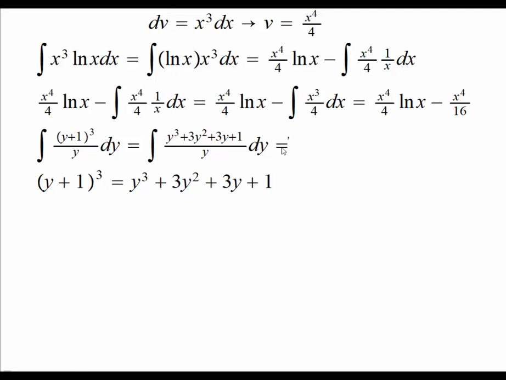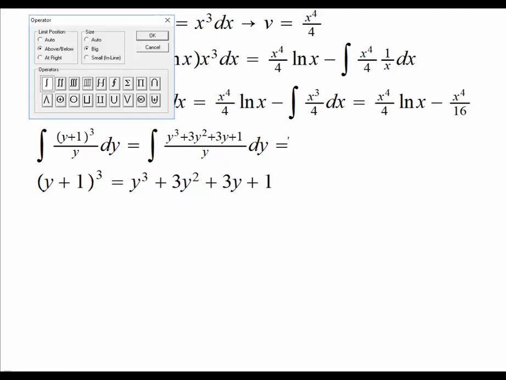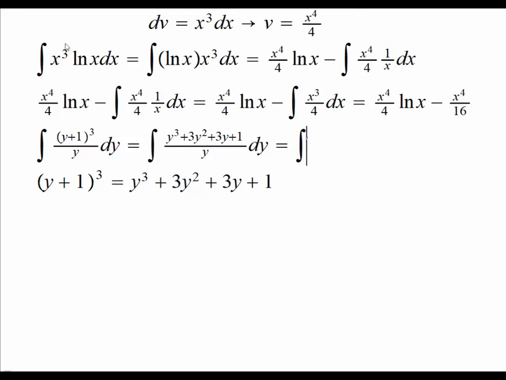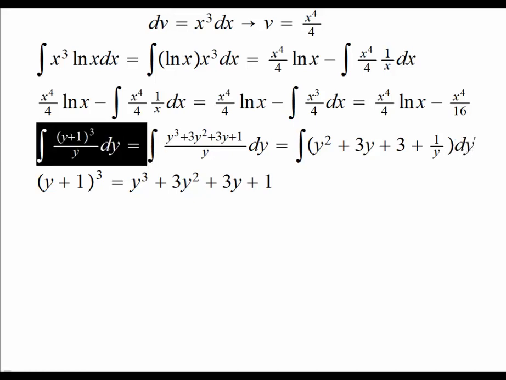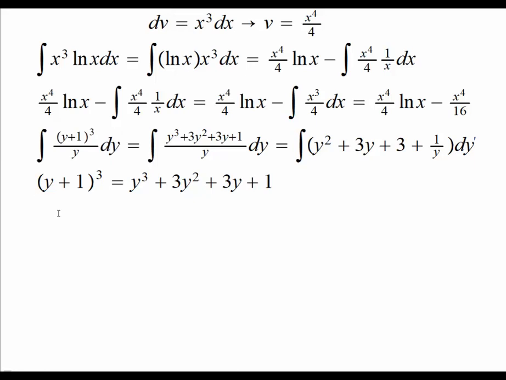What we can do in this case, I think a good strategy would be to go ahead and divide by y. So you get y squared plus 3y plus 3, and then plus 1 over y, dy.